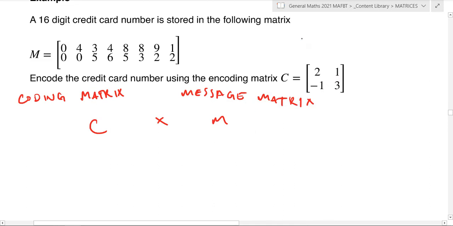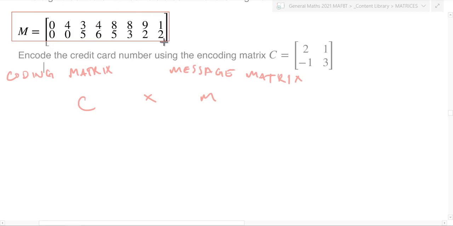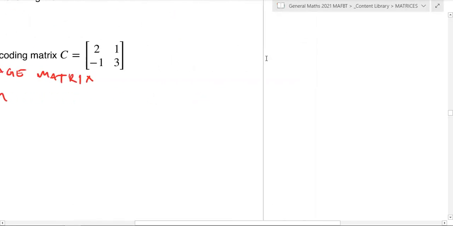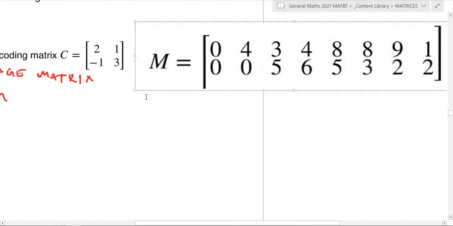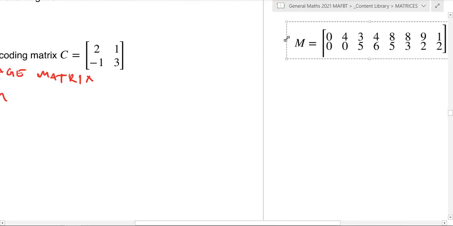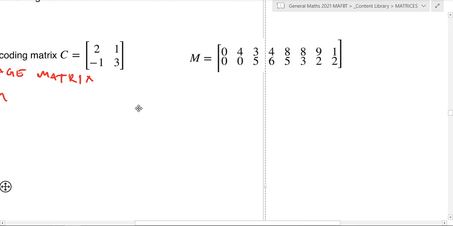Because if you think about it, if I do C times M, notice how this will now work, because this matrix here, C, is a 2 by 2, and M matrix, so C times M, notice how M matrix is going to be a 2 by 8.